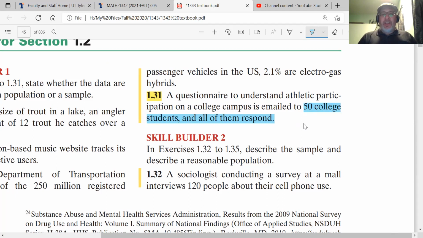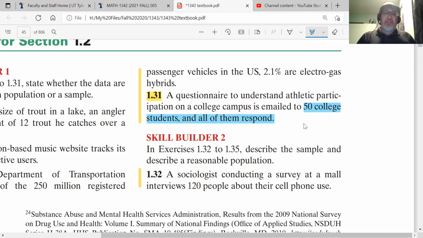Well, if you're talking about college students, and you say it's a population, then you are saying that there are 50 students at this college. And although that's feasible, it's more likely that there are more than 50 students at this college. In fact, I'm not sure if 50 students could sustain a college financially in terms of their tuition, unless it's crazy expensive. Since we're only talking about 50 students, it's safe to assume that this is a sample.